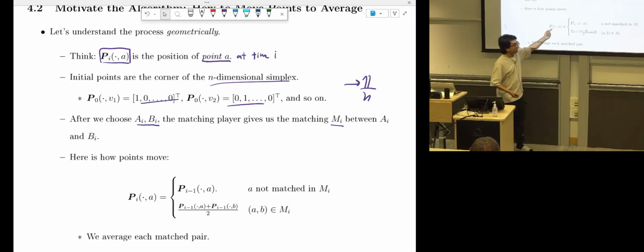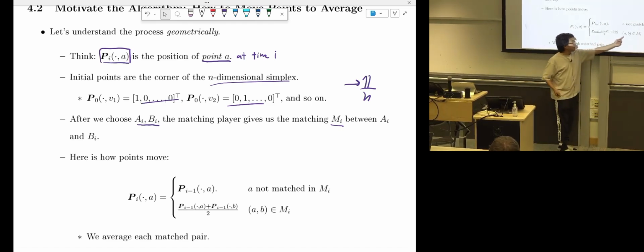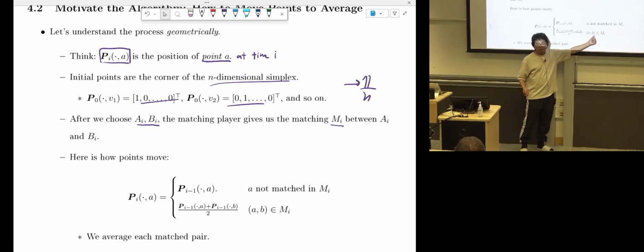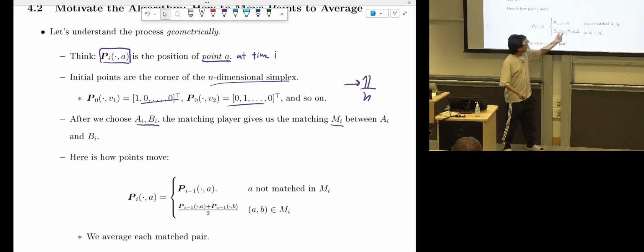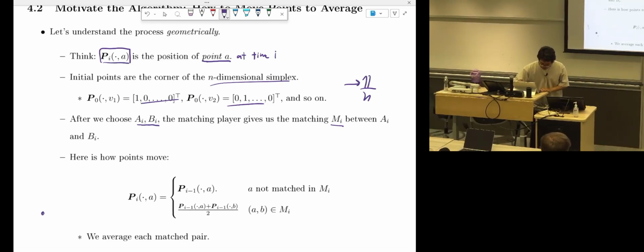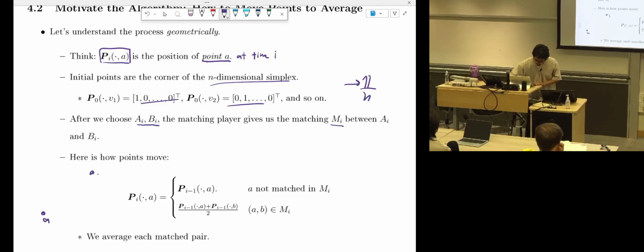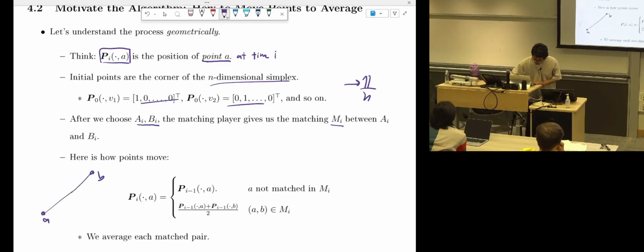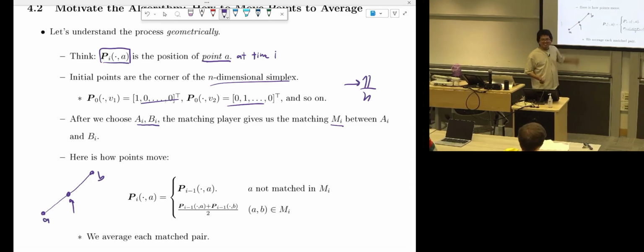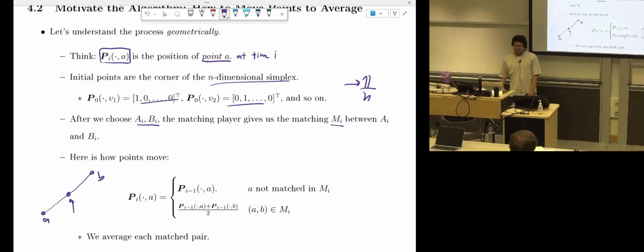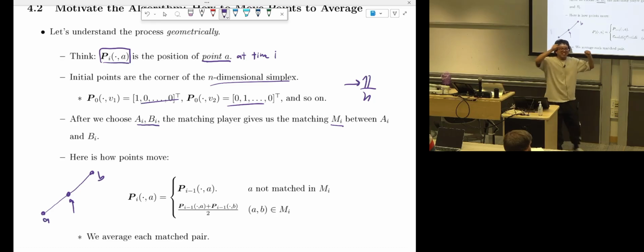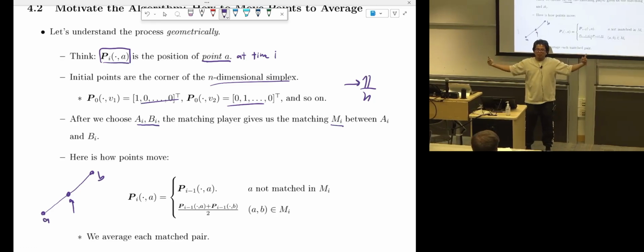And if A is matched to some node B, then we move the positions of A and B. If this is the position of A and the position of B, the positions will be moved to the average. So if we could just choose endpoints and say that everyone should move to the average, we would be done in one go.